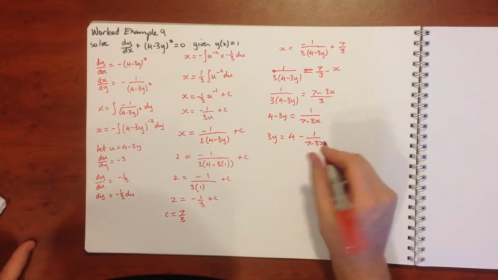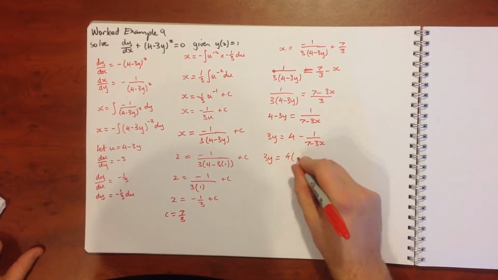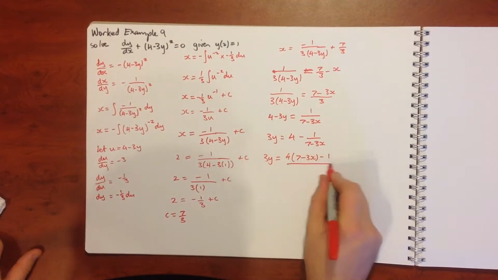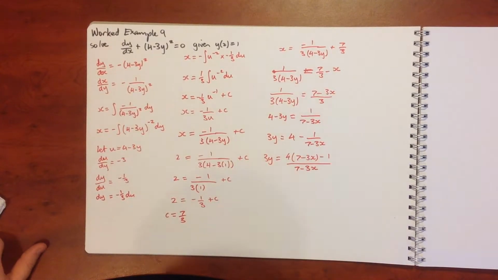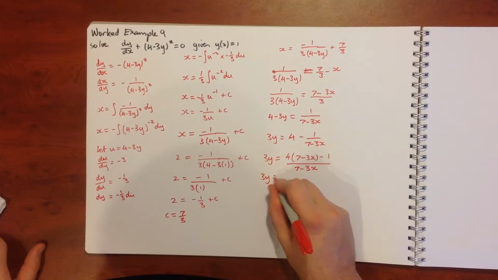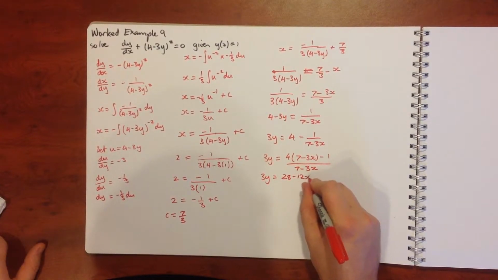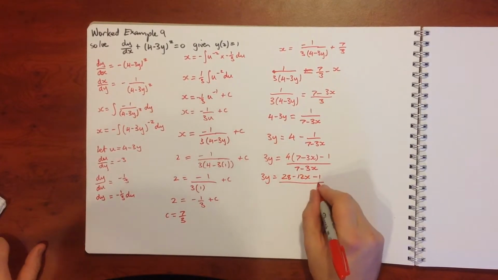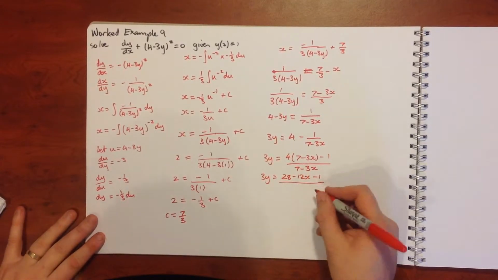So we're getting there. 3y is equal to 4 outside of (7 minus 3x) minus 1, over (7 minus 3x), just bringing our fractions together. We can expand that and say we've got 28 minus 12x minus 1 over (7 minus 3x).